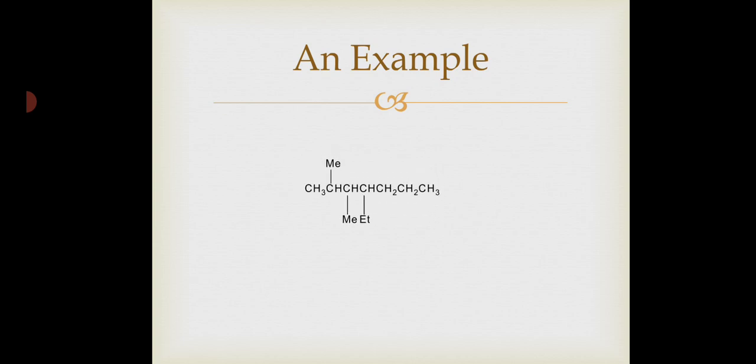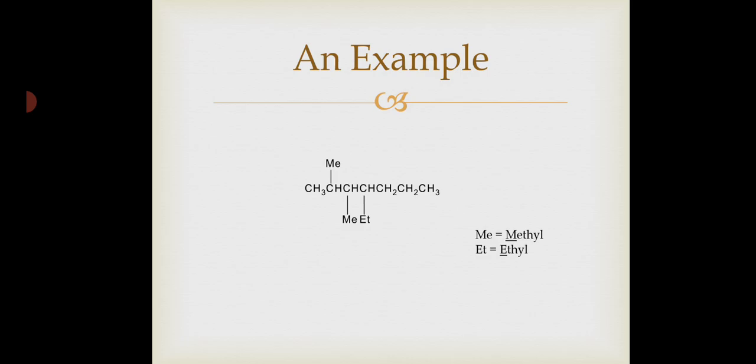We want to write the IUPAC name of this compound. The first step is to choose the longest alkyl chain. But before we do that, we should know that Me is for methyl and Et is for ethyl.